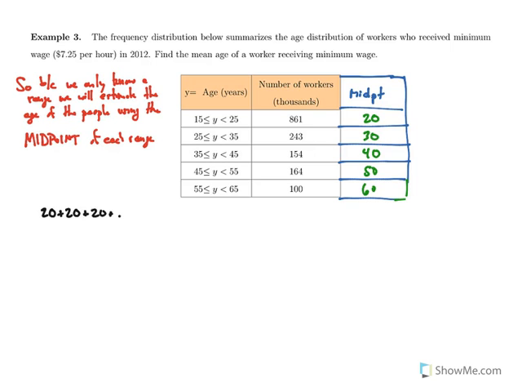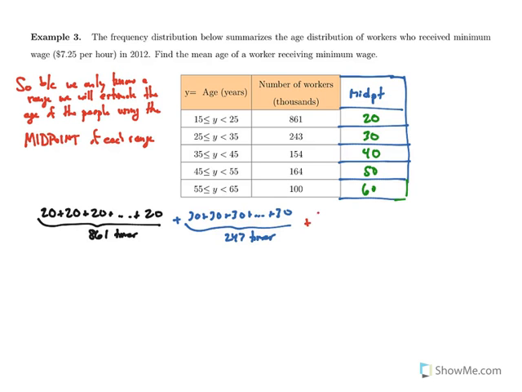20 plus 20 plus 20, 861,000 times, or just 861 times. And then do 30 plus 30 plus 30, 243 times. This is what it would be to add up all the numbers.